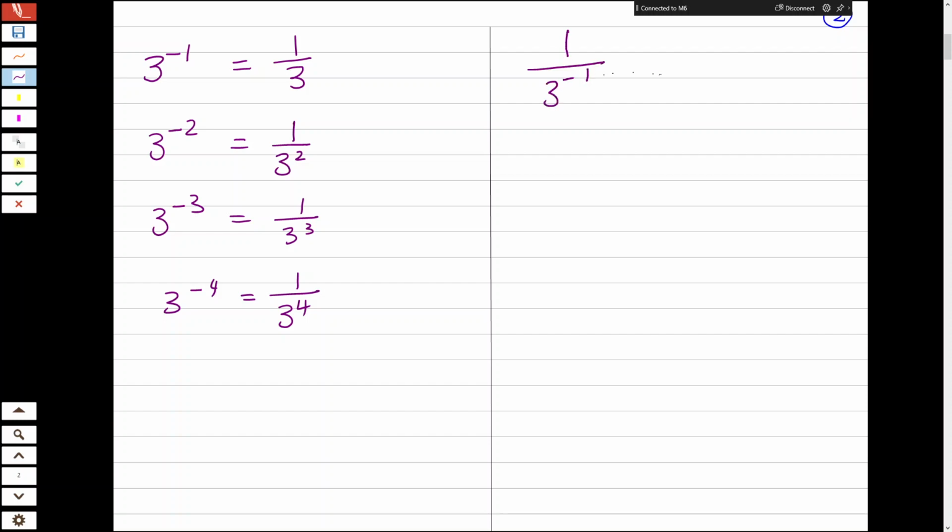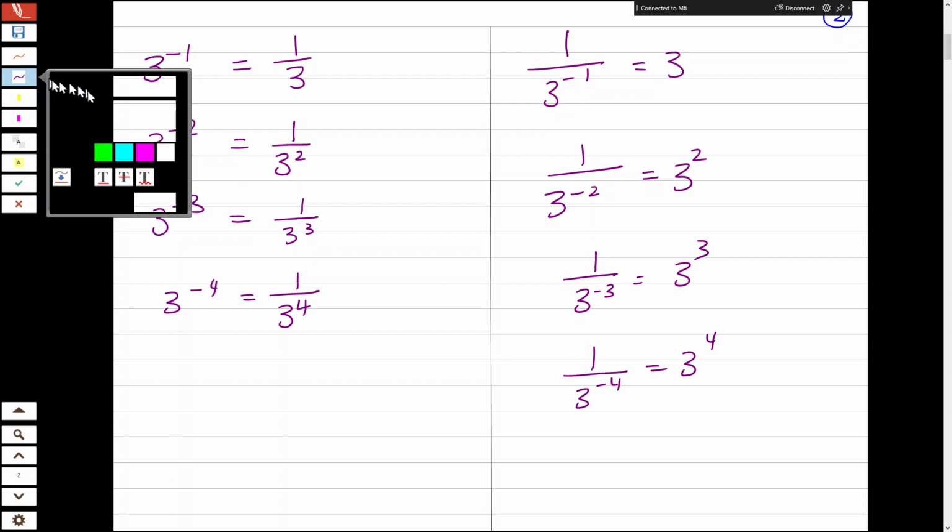Similarly, if I do this, it's almost as though every time there's a negative power, I flip it upside down and replace the negative power with a positive power.